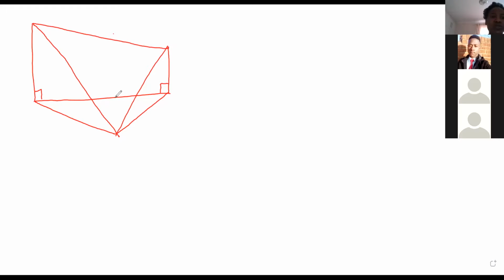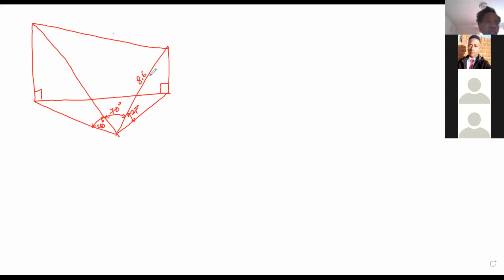Okay, my drawing is not the best, but you guys will see. This is 40. This is 70. This is 27. What is this? 8.6, is it written here? Yeah, 8.6.